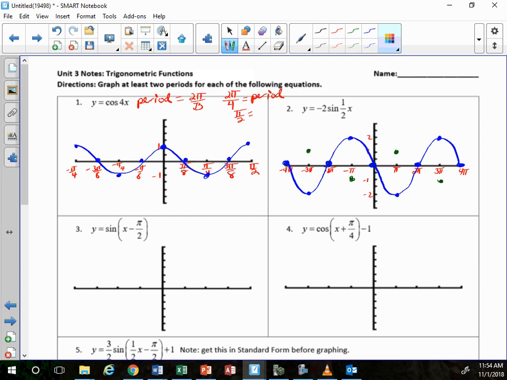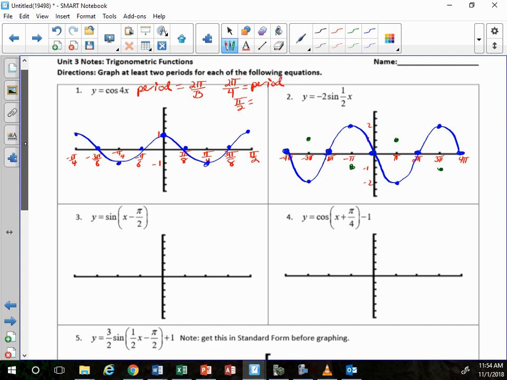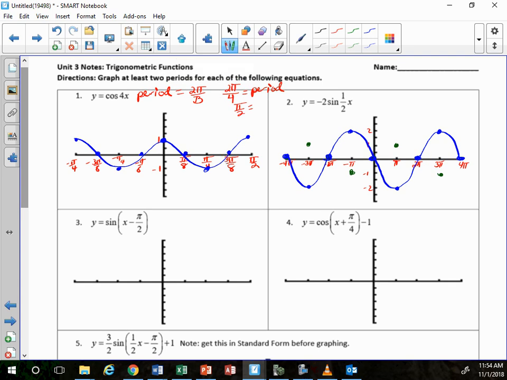Okay. Let's look at 3. Is the inverse, the negative part of the fraction going to be the same as the positive part?